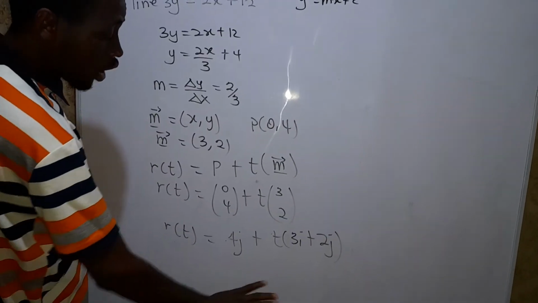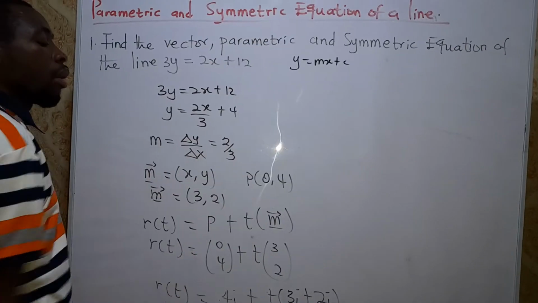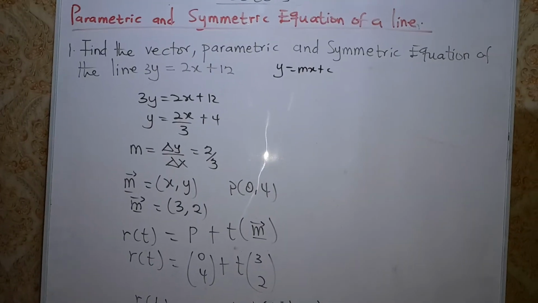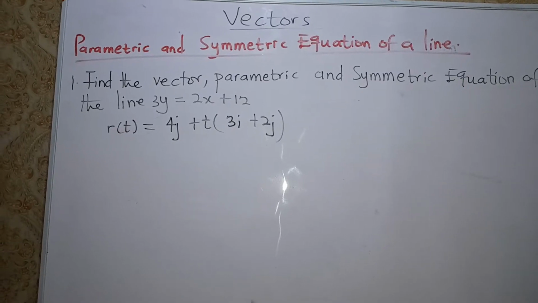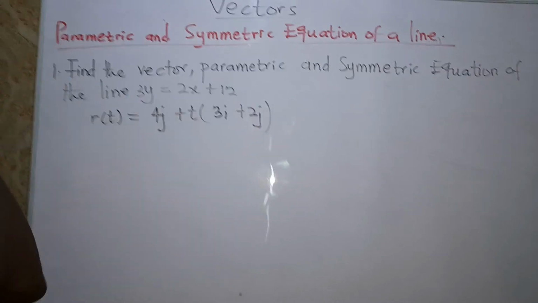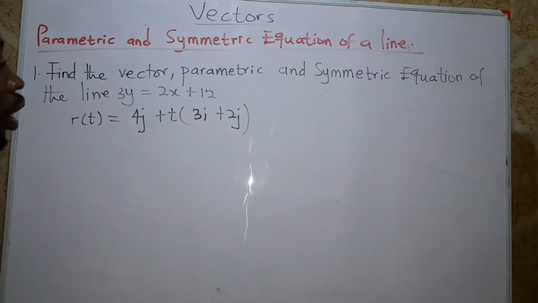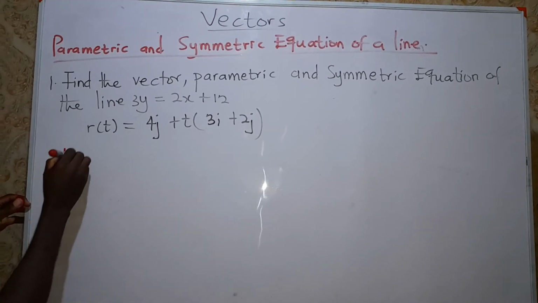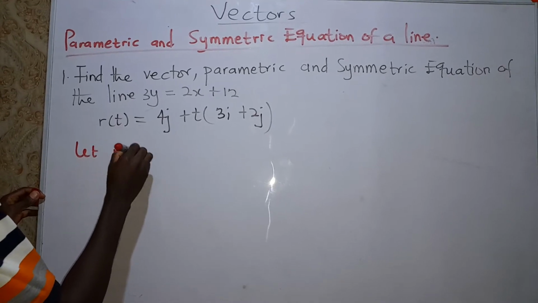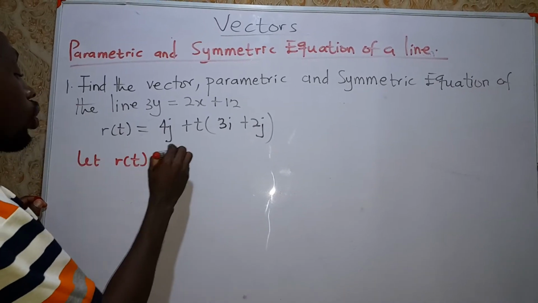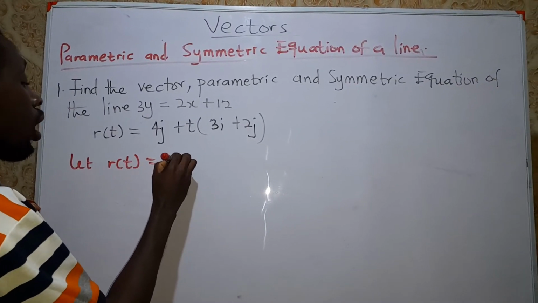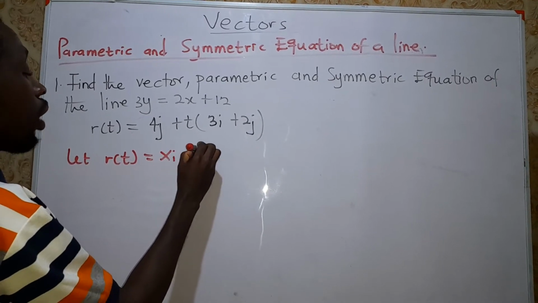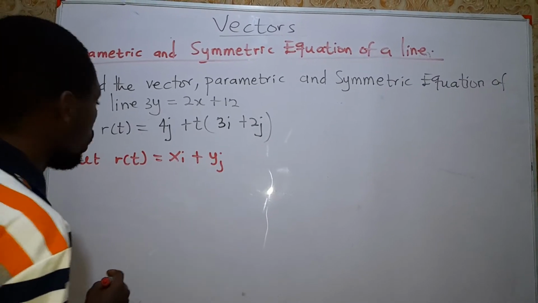So since we know the vector equation, we can find the parametric equation. We know the vector equation of the line to be this. Now we can find the parametric equation from it. So we let r of t be equal to xi plus yj.